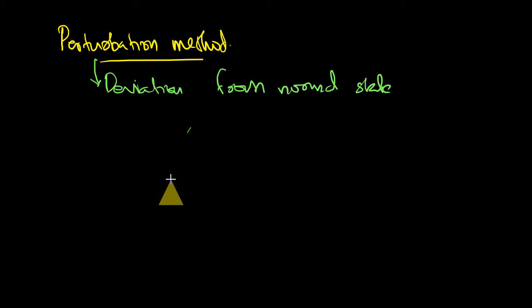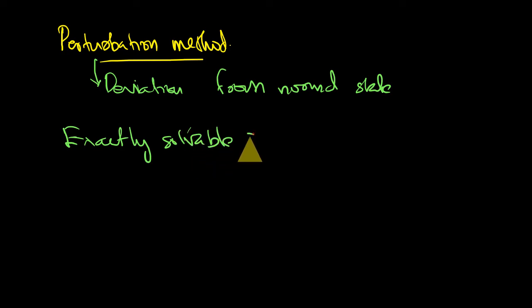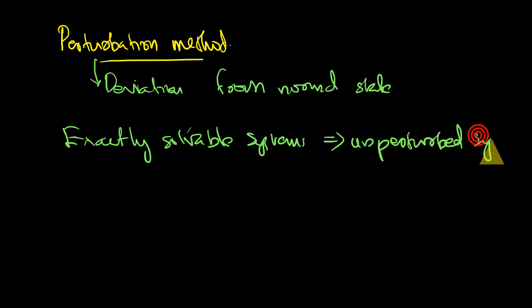In quantum mechanics, the exactly solvable systems are considered as unperturbed systems. The systems where the Schrodinger wave equation cannot be solved are considered as perturbed systems.